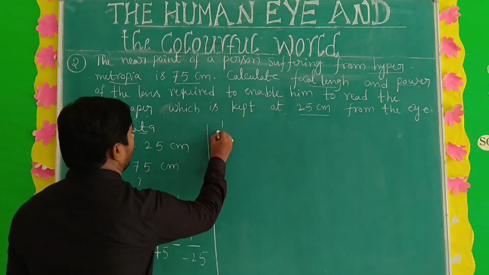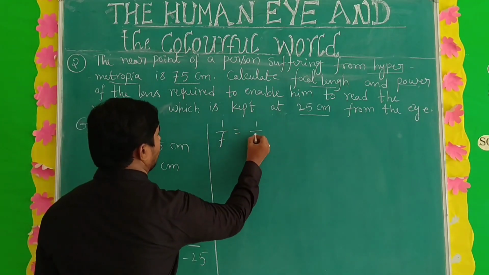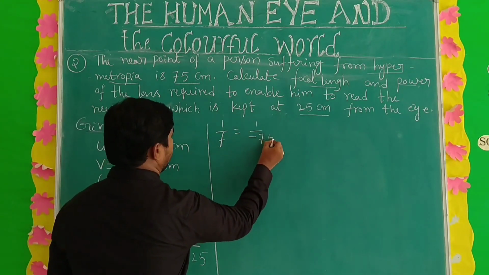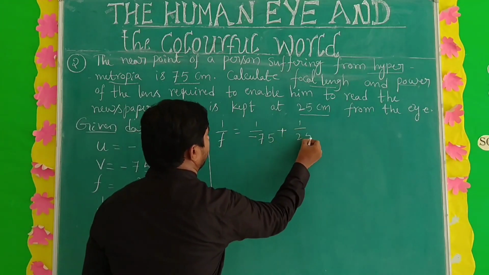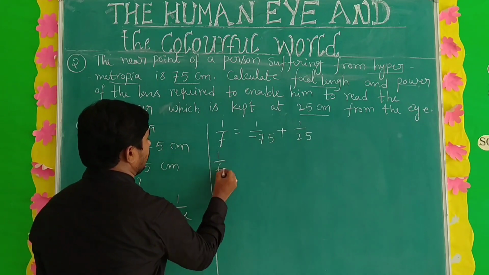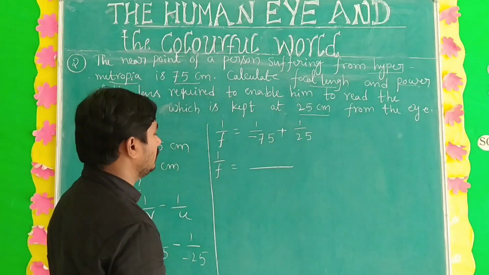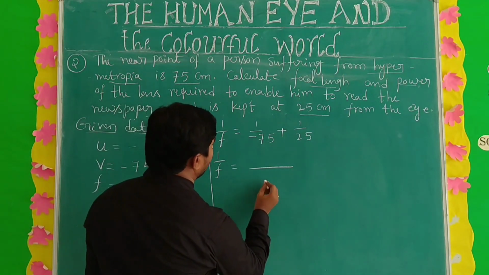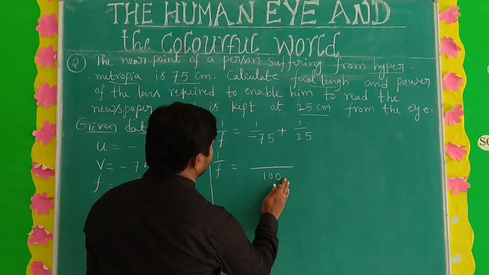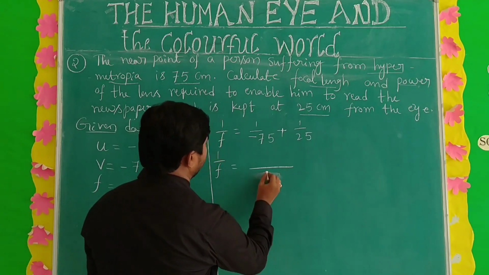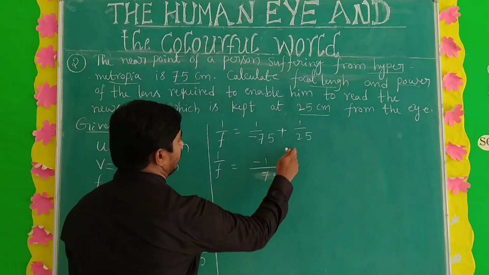So 1 by f is equal to 1 by minus 75, minus into minus plus 1 by 25. Take LCM of 75 and 25, take 100.